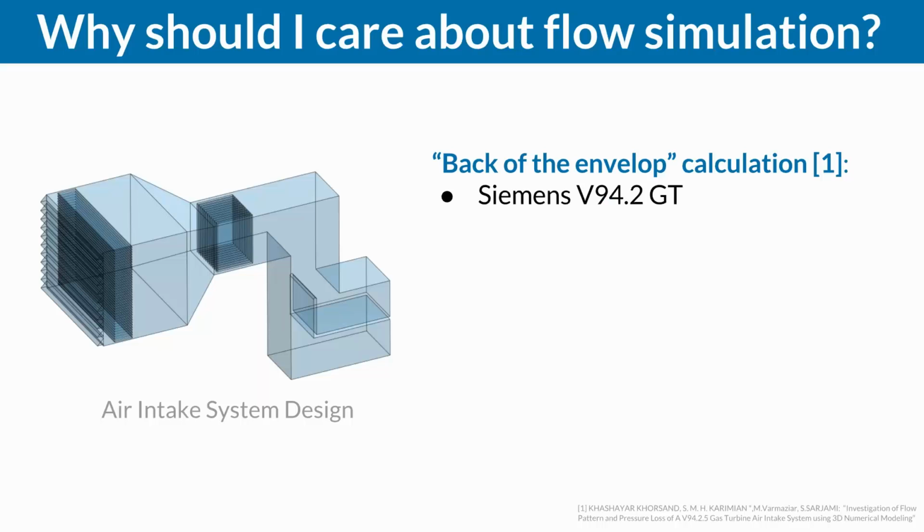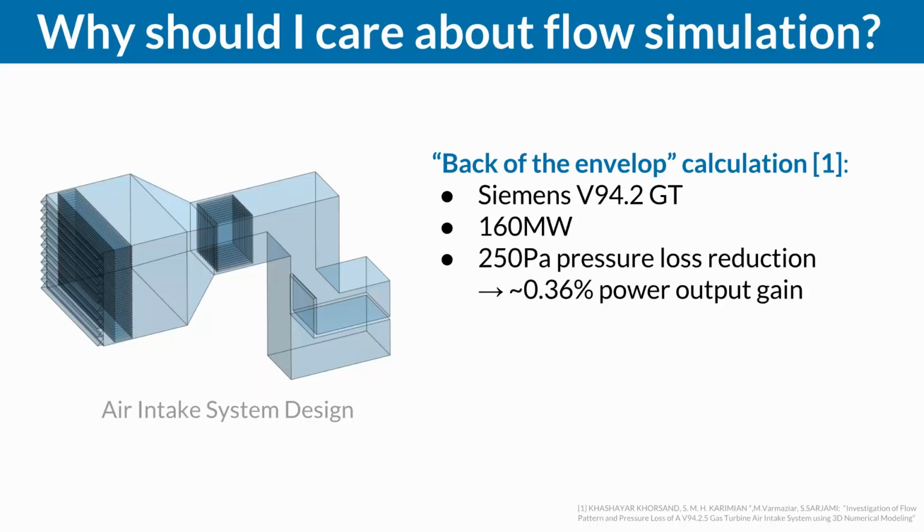In that paper, they looked at a specific gas turbine of that type and of that power. What I found very interesting is that there was a little calculation saying if you reduce the pressure drop across that air intake by 250 pascals total pressure drop, you're going to increase the power output of the entire gas turbine by 0.36%.